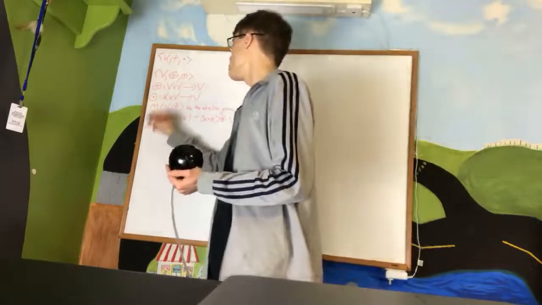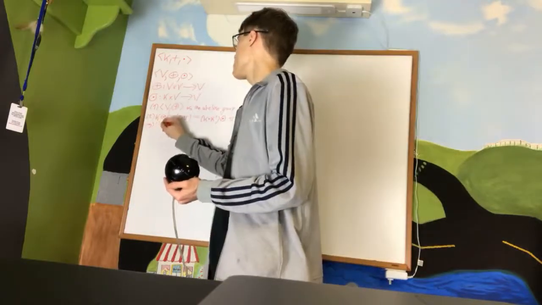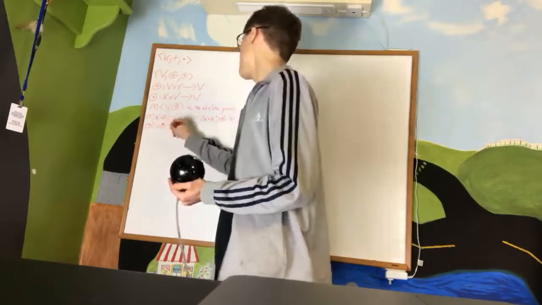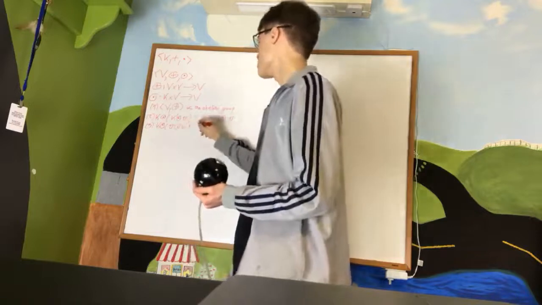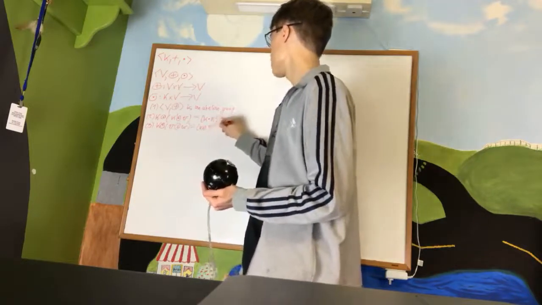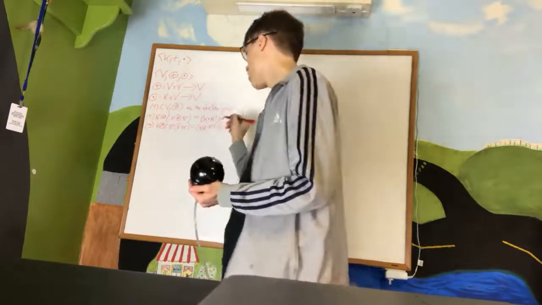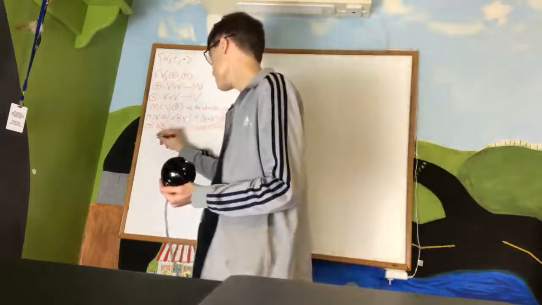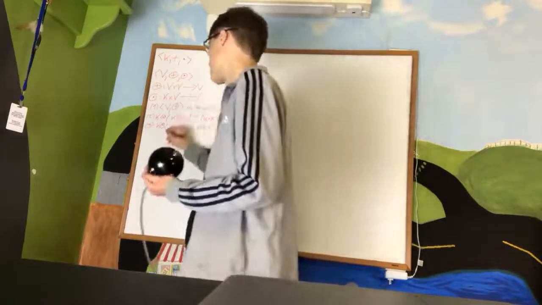3 is that there's two types of distributive properties. If I have K scalar multiply V circle plus W, that is equal to K scalar multiply V circle plus K scalar multiply W. And there's one more type of distributive property. Okay, I remember.